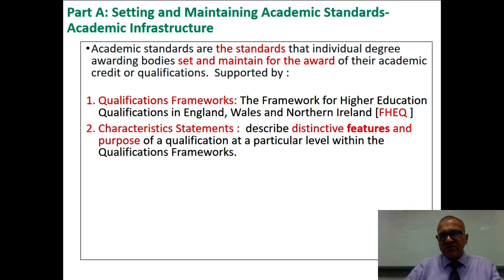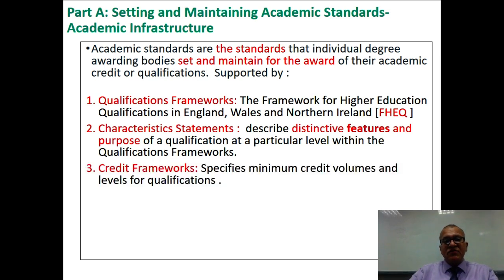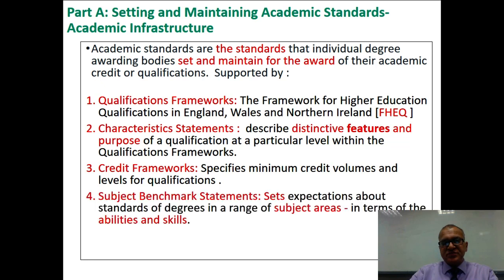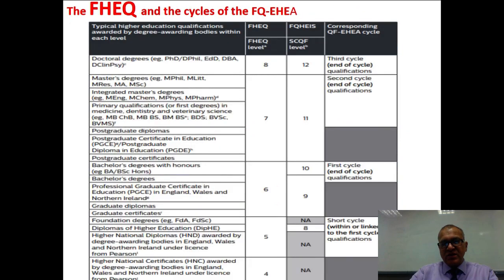Characteristic statements describe the distinctive features and purpose of qualifications at a particular level, and the credit framework specifies minimum credit volume and the level of qualifications. Subject benchmark statements set expectations about standards of degrees in a range of subject areas in terms of abilities and skills required. This is the Framework for Higher Education Qualifications.